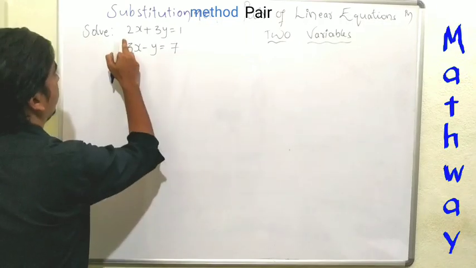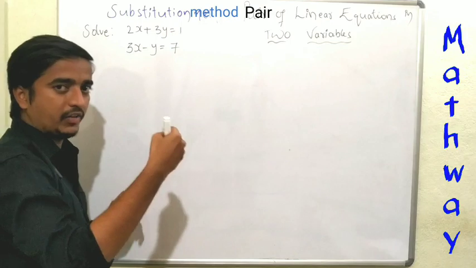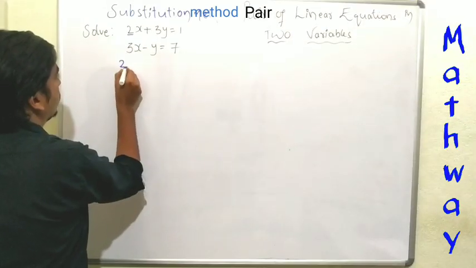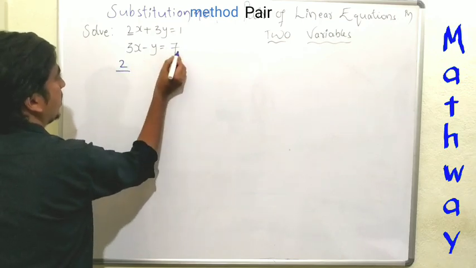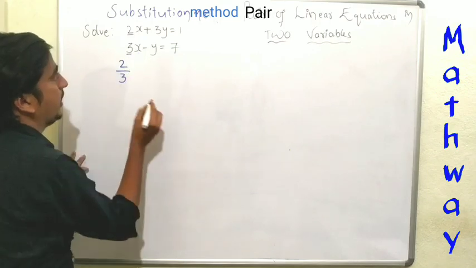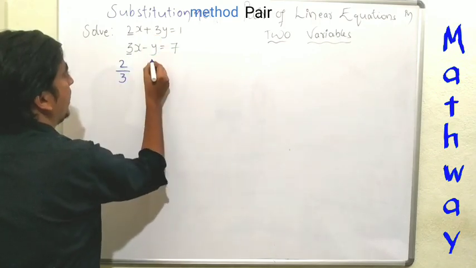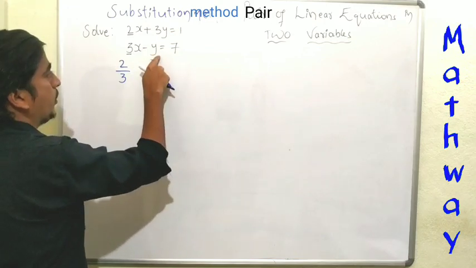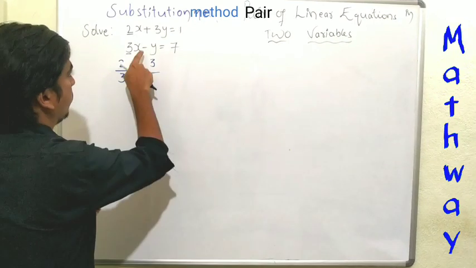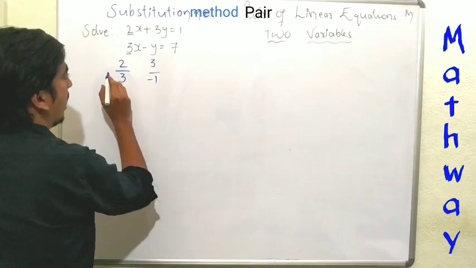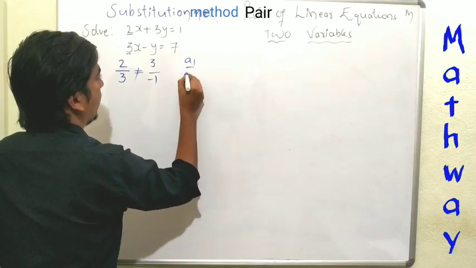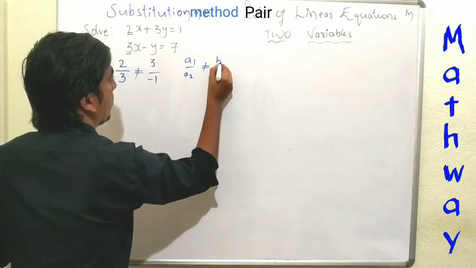We take the ratios a1 by a2, b1 by b2, c1 by c2. a1 is 2, a2 is 3, so 2 by 3. b1 is 3, b2 is the y coefficient, which is 1 with a negative sign, so minus 1. Are these two equal? No. So a1 by a2 is not equal to b1 by b2.